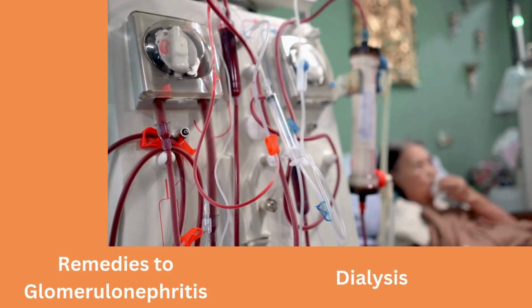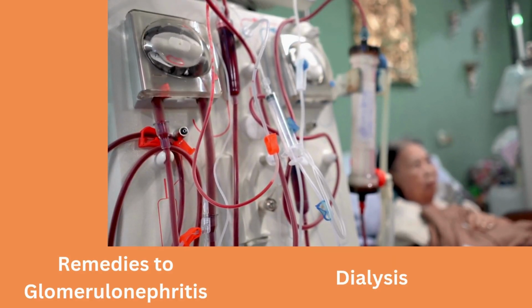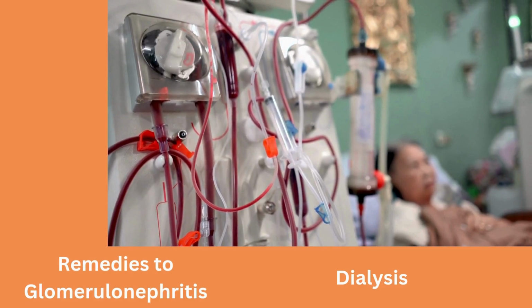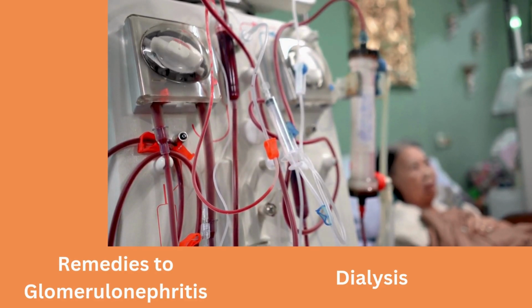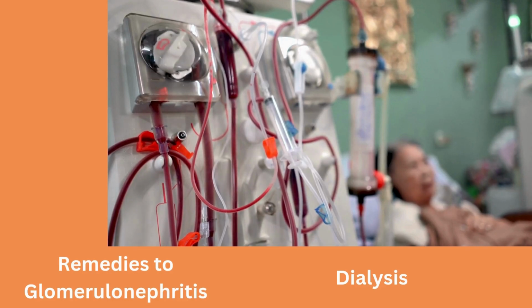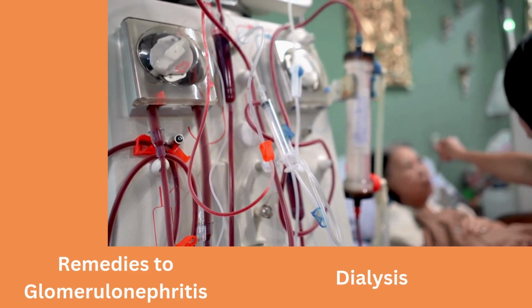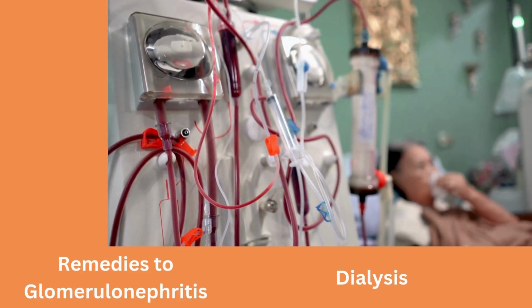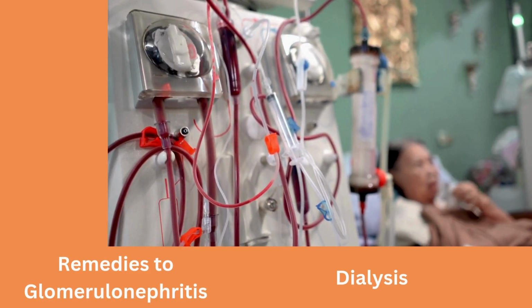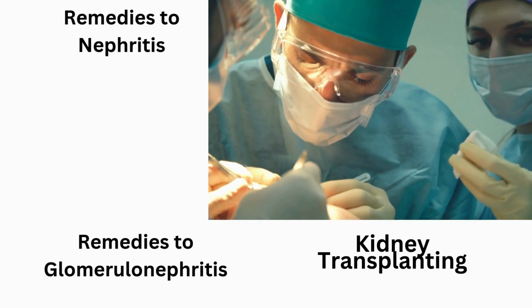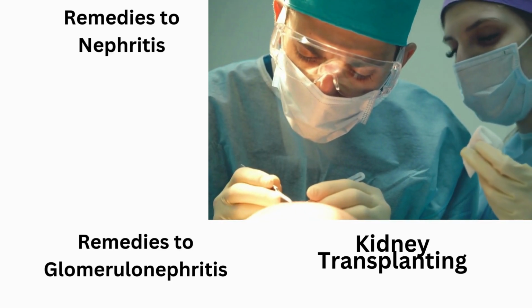Remedies to glomerulonephritis: the use of a dialysis machine, which is an artificial kidney that can be adopted to take over the work of the normal kidney. There can also be kidney transplant, where the diseased kidney is replaced with a healthy one.